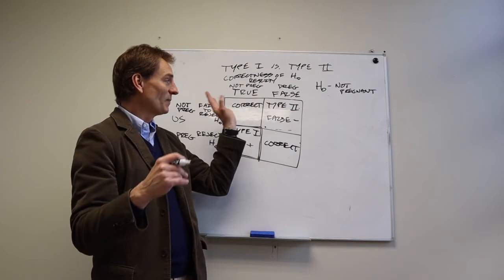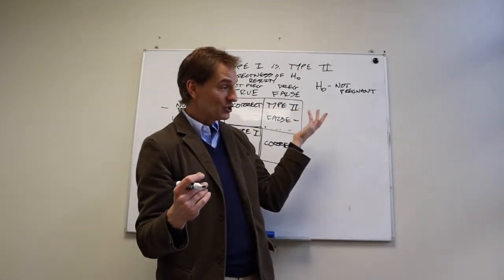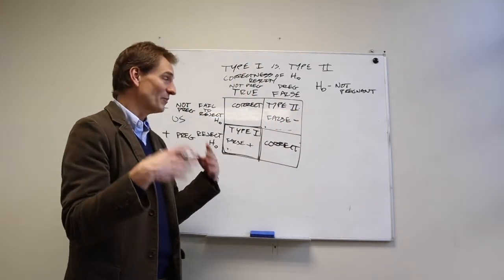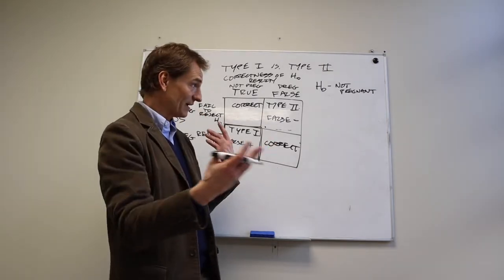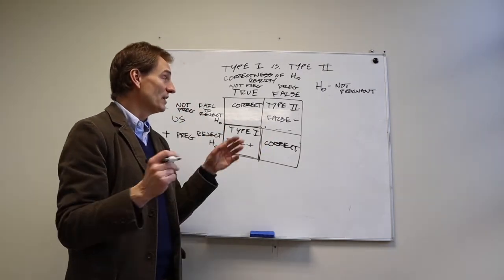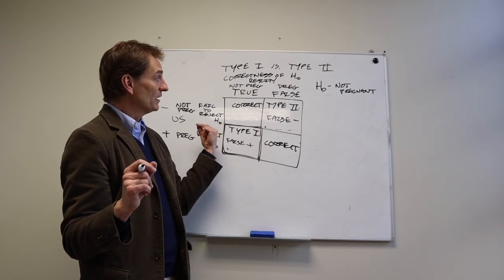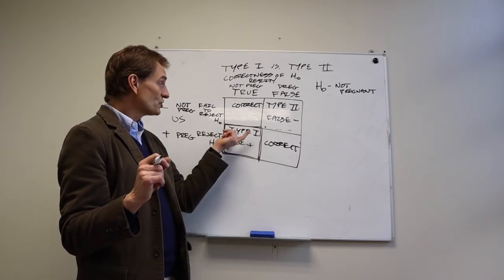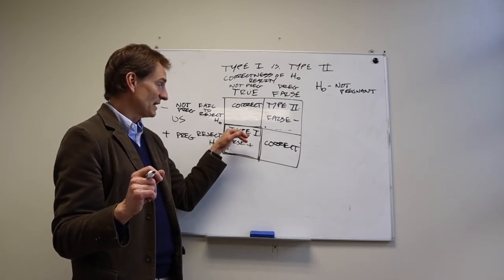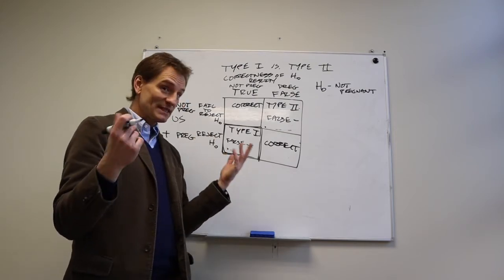And you might say, well, a false negative is pretty bad too because then you're not taking care of yourself. But it's difficult to prove that you would have taken care of yourself had you known that you were actually pregnant.